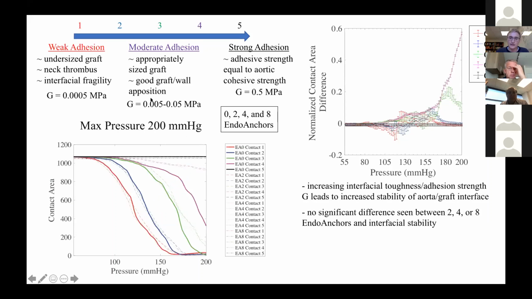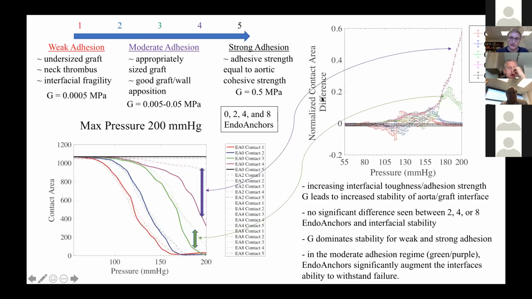The take-home message from our simulations was that G, which is the adhesive energy, dominates the stability for these interfaces. If the G is in a certain regime, the addition of endo anchors can stabilize the interface to some degree, but it is definitely not this.